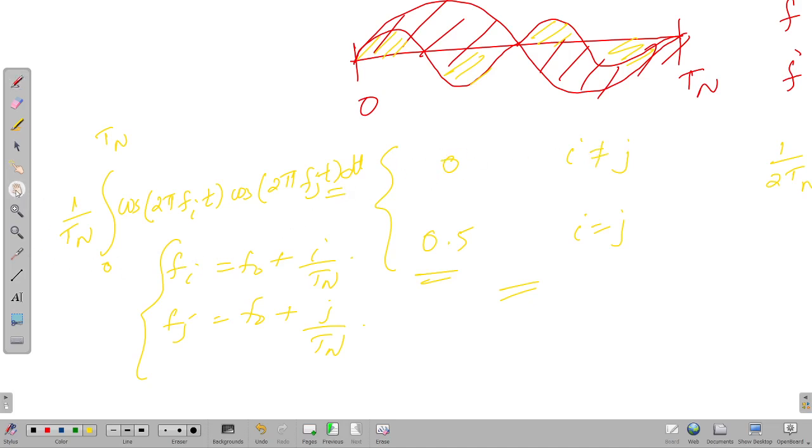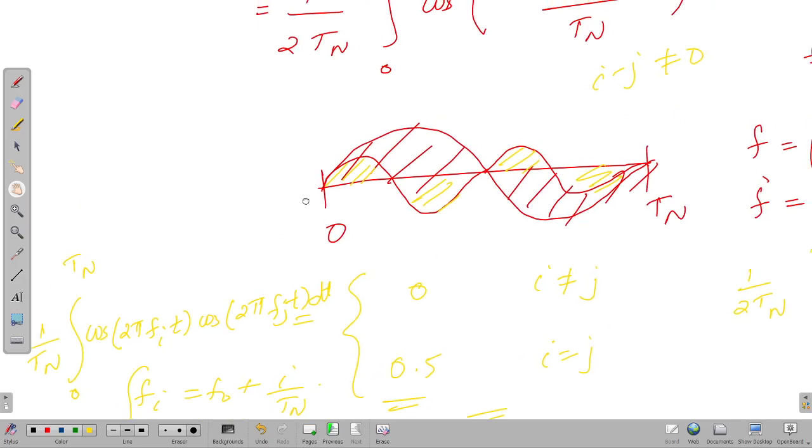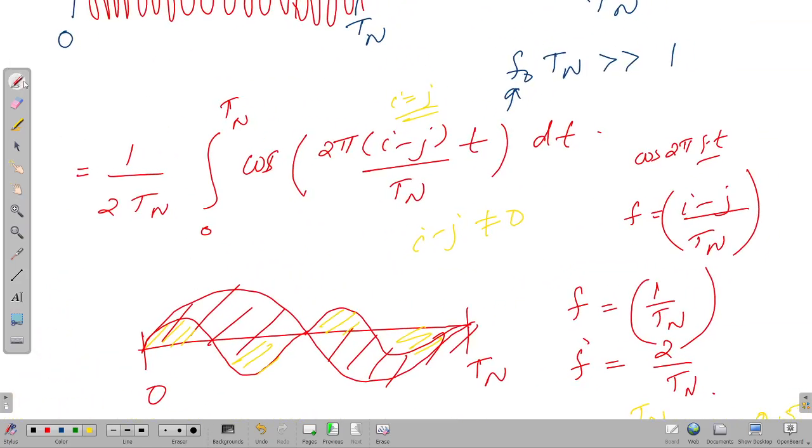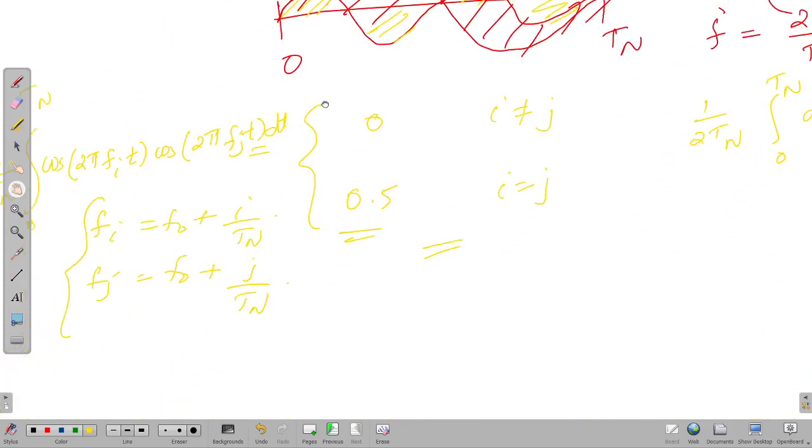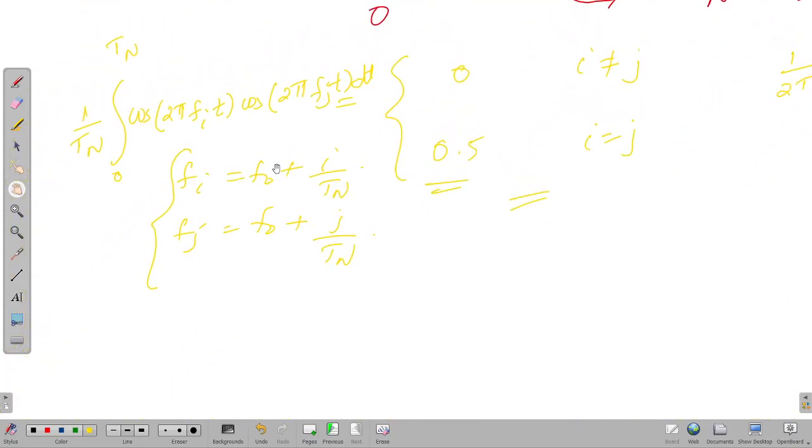And what is the least difference that you can have here? What is the least value of multiple that you can have here? One possibility is i and j are the same, in which case you have the value 0.5. The other possibility, the smallest non-zero multiple that you can have, is i minus j equal to 1.